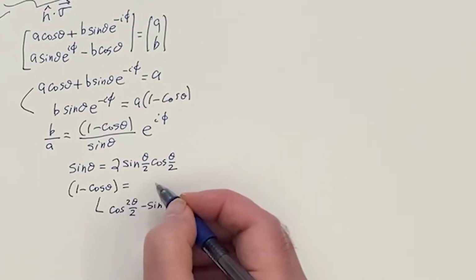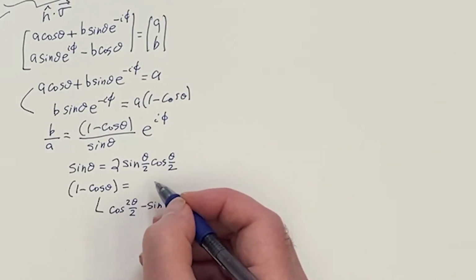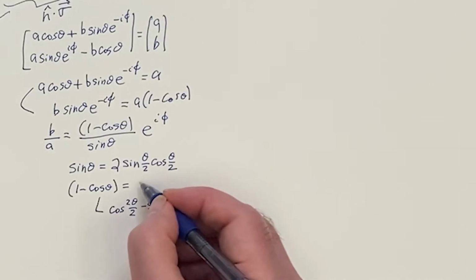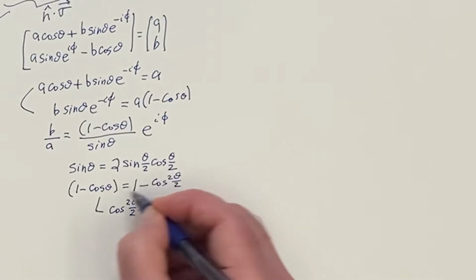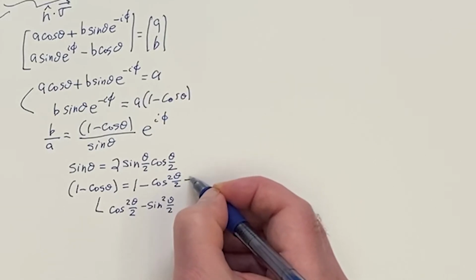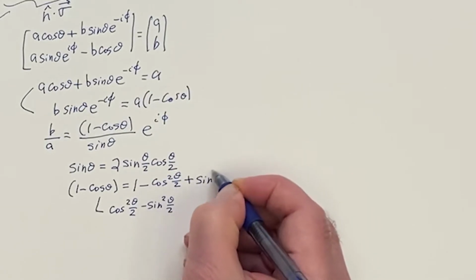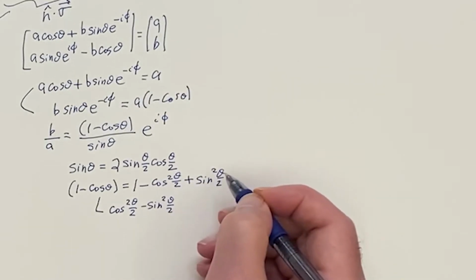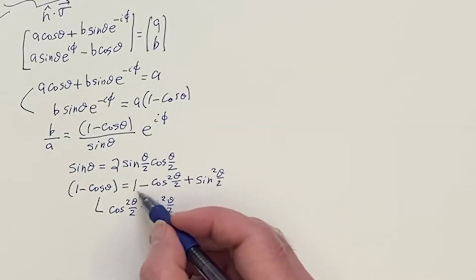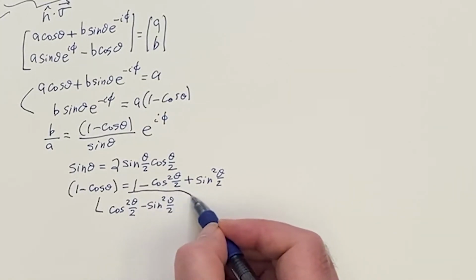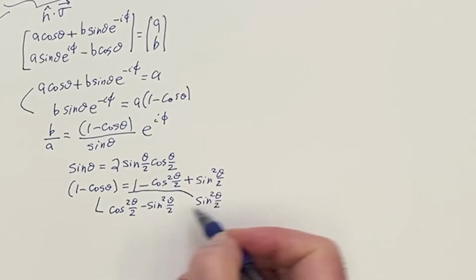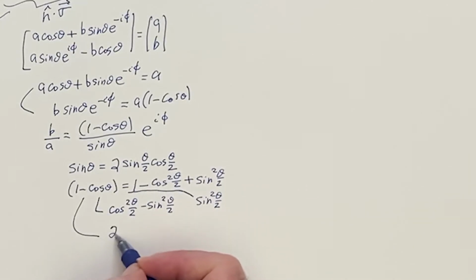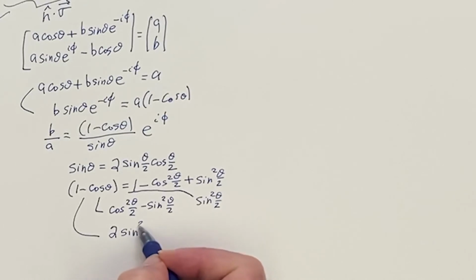That's in the book, the derivation, and then we're going to write this as 1 minus cosine squared theta over 2, and the minus will give you a plus sign here, sine squared theta over 2. All right, so trig identities. Notice that this first piece here is going to be sine squared theta over 2, so this is the same as 2 sine squared theta over 2.